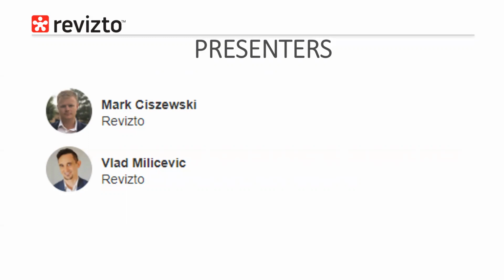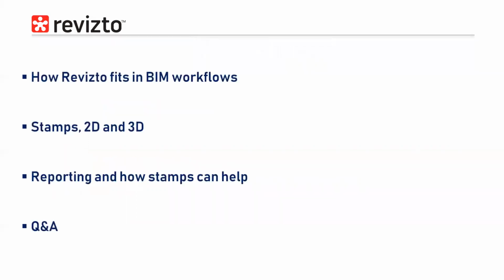Hi, everyone, and welcome. As you could see from the invitation, there's a few things we're going to go through today. Our main thing is going to be going through our stamps feature that we introduced with Revizto 4.8 a few weeks ago.